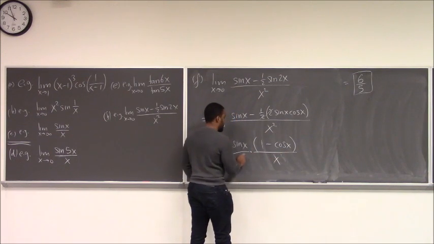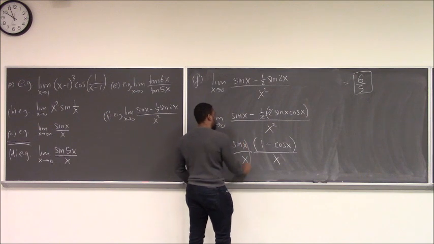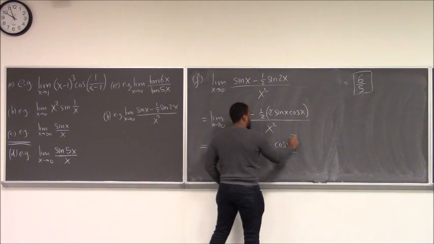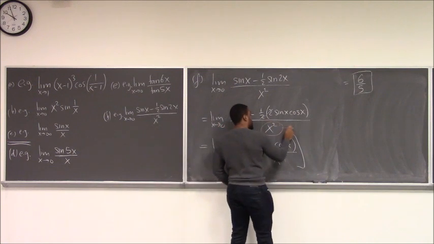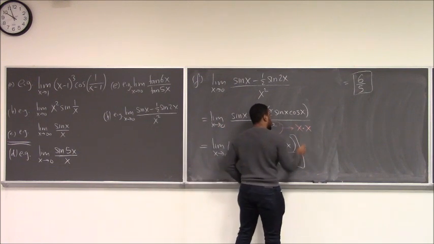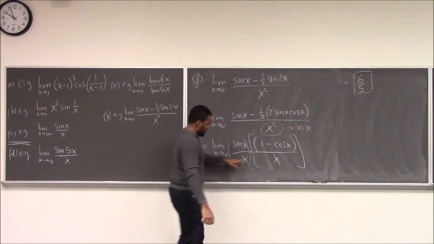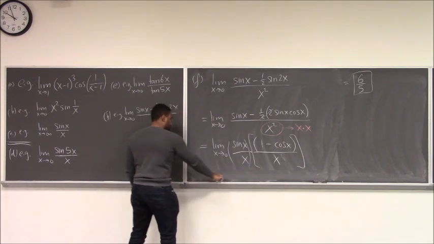Shift 1 factor of x over here. Remember that x squared is x times x. So I can just leave one under here, shift the other one over there, and then what happens?